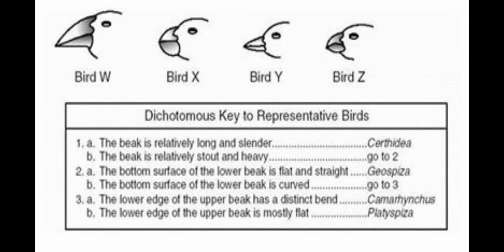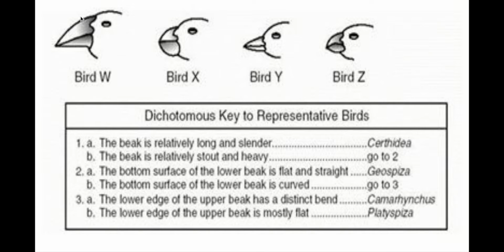So let's practice our dichotomous key. So this is bird W. Remember, we always start on step 1. We read step 1A. The beak is long and slender. 1B says the beak is stout and heavy. Stout means wide. Okay, so this is 1B.